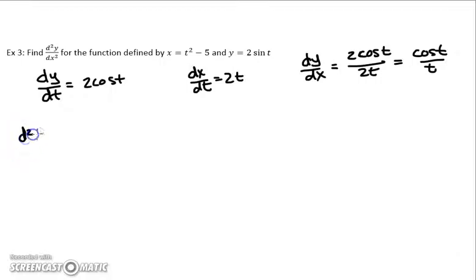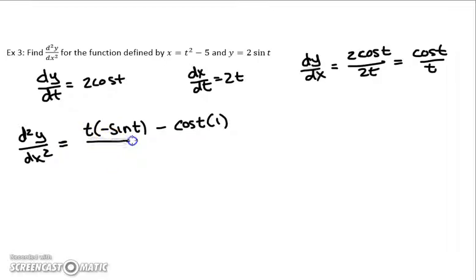The second derivative of y with respect to x twice is going to be the derivative of this. So we have to use the quotient rule here. So low d high minus high d low all over low squared. And that's not all we have to do though. We still need to divide all of that by dx/dt, but we already found dx/dt is 2t.